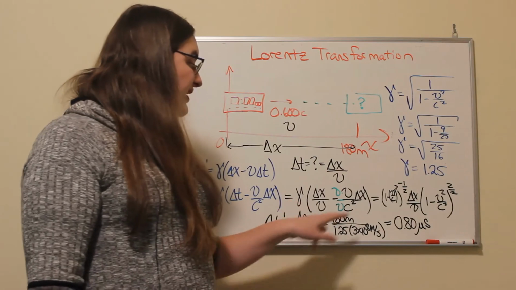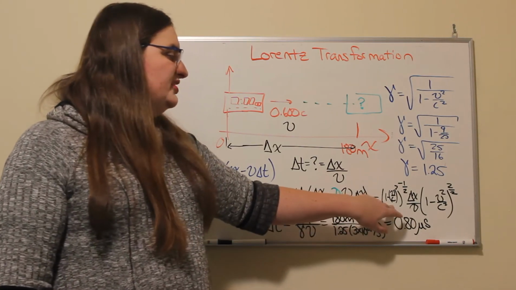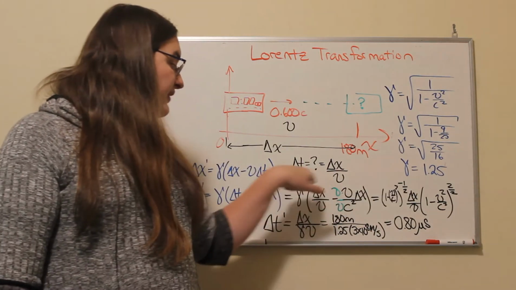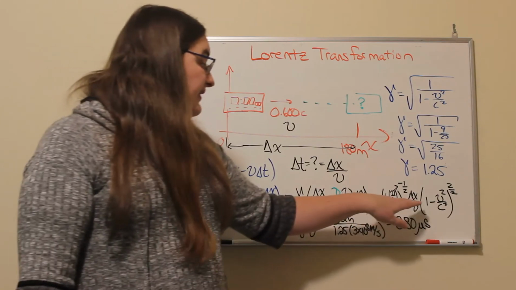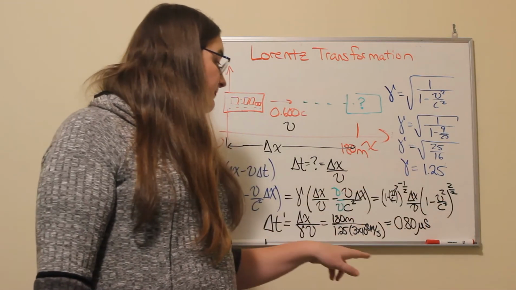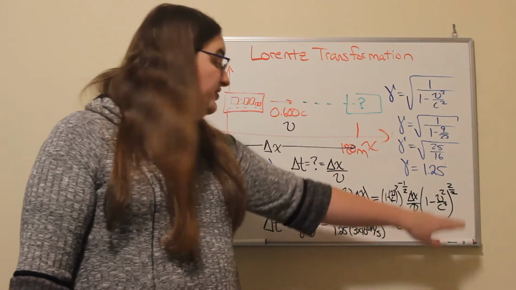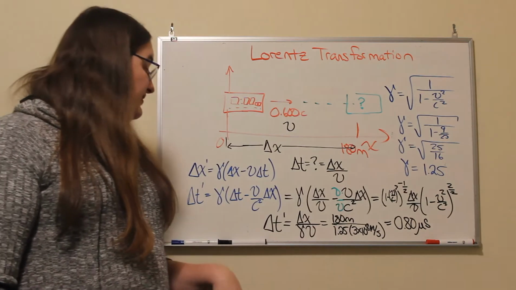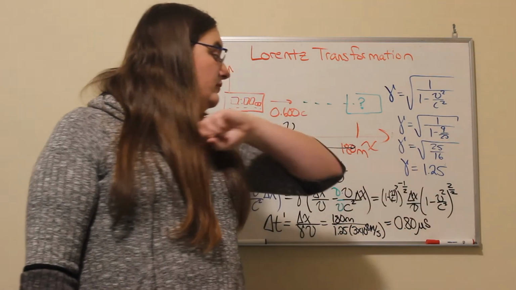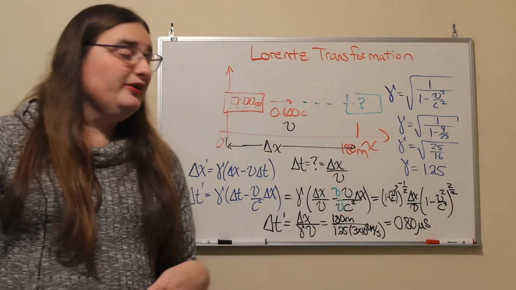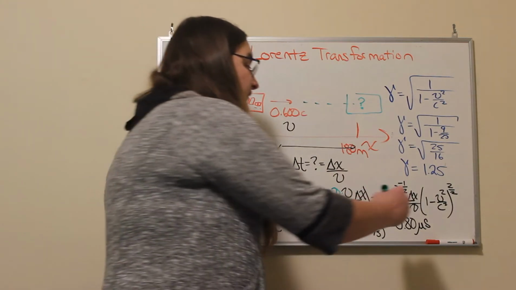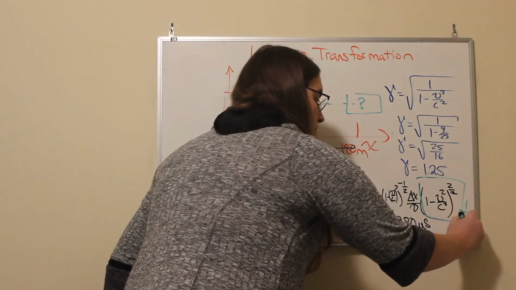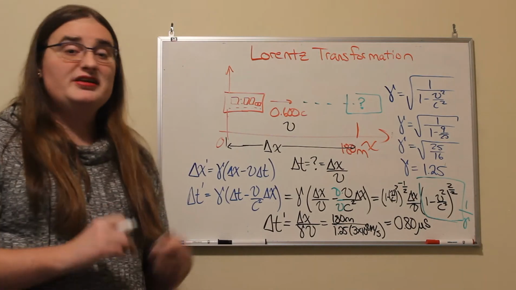And just as a reminder of what gamma is, it's 1 minus v over c quantity squared raised to the minus 1/2 power. Factoring out that delta x over v, I get 1 minus v squared over c squared, which is the same thing, but to the 2/2 power. So 2/2 minus 1/2 means that I get 1 minus v squared over c squared to the 1/2 power, and this piece right here is just 1 over our Lorentz factor gamma.